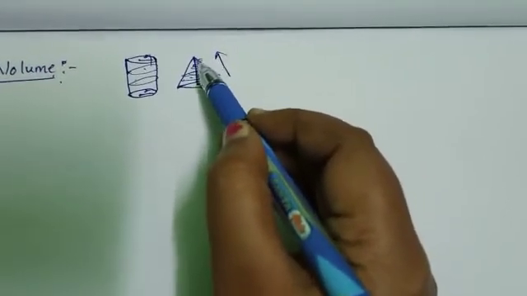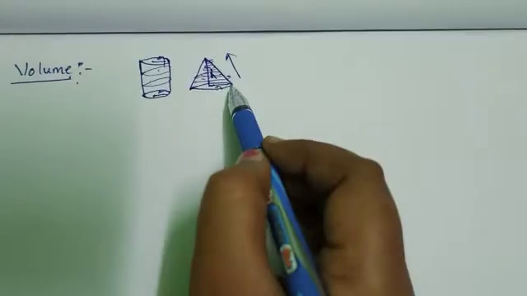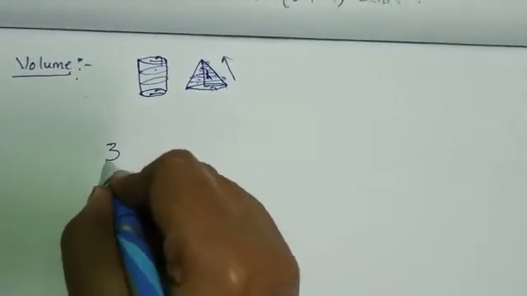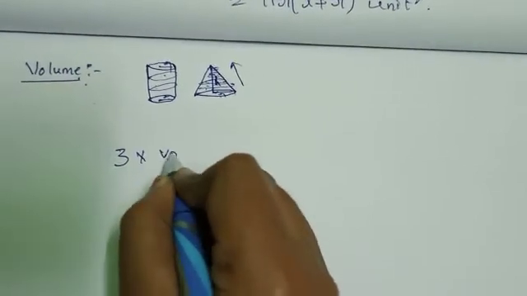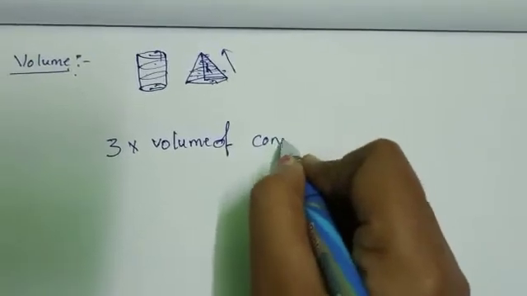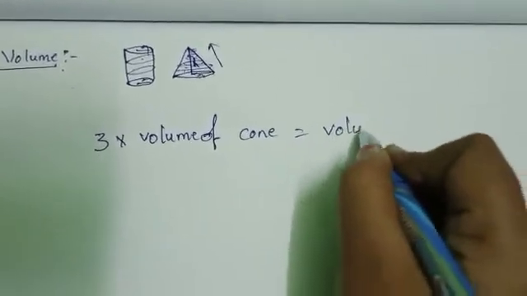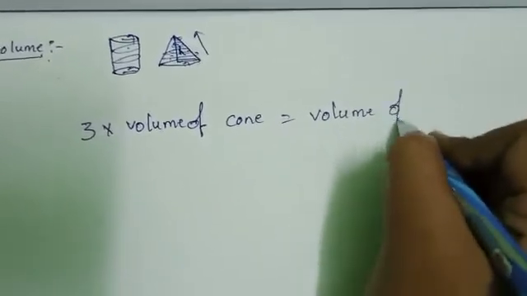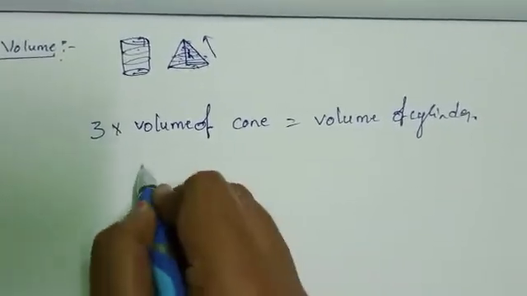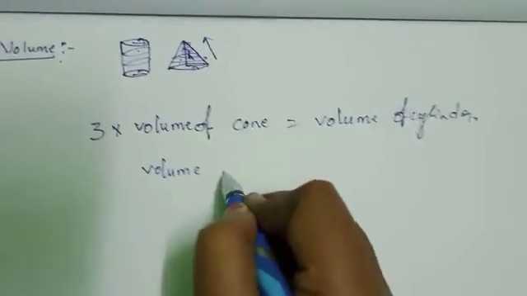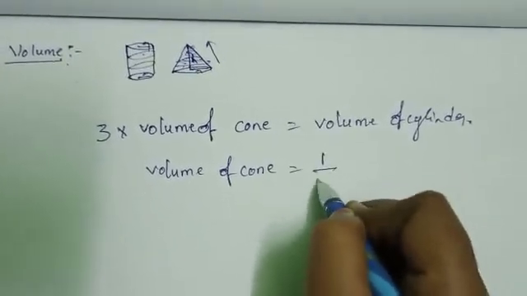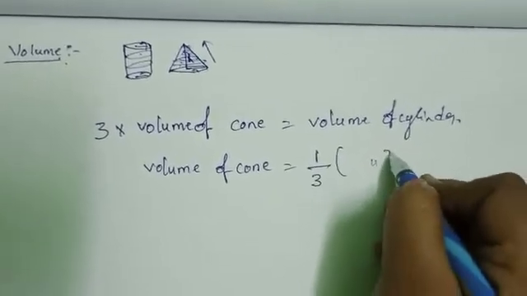Okay, so therefore 3 times volume of cone equal to volume of cylinder. Therefore volume of cone equal to 1/3 of volume of cylinder.